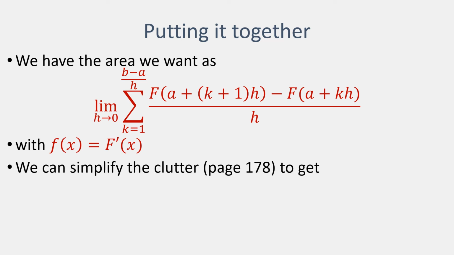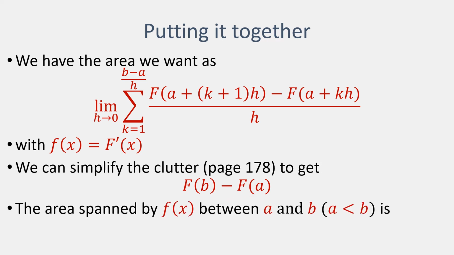Now, I'm not going to go through the simplifying of this. That's given in the textbook if anyone's really interested in looking at what happens. But it turns out that this expression simplifies to this: the value of our function big F at the upper end of the measurement minus the value of our function big F at the lower end of the limit.